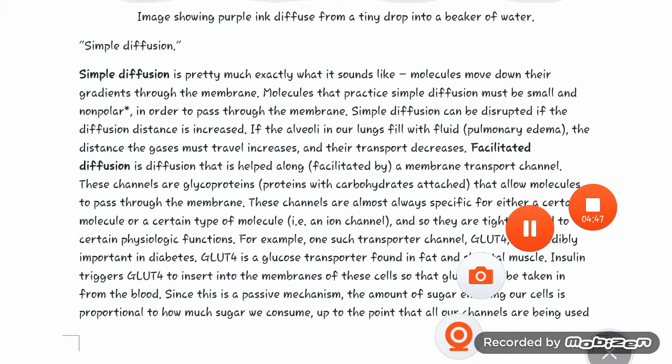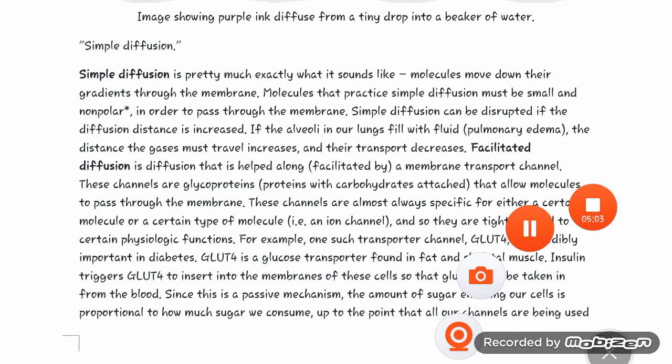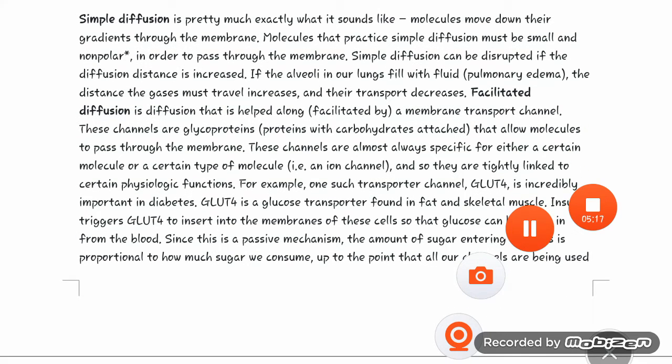Facilitated diffusion. Facilitated diffusion is diffusion that is helped along, or facilitated, by a membrane transport channel. These channels are glycoproteins that allow molecules to pass through the membrane. These channels are almost always specific for certain molecules or certain types of molecules, and so they are tightly linked to certain physiological functions.